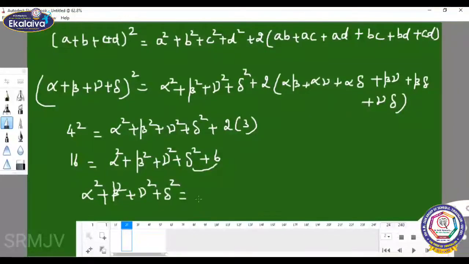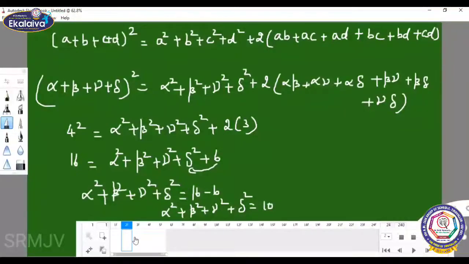You bring this term to the left hand side, 16 minus 6. Therefore, alpha square plus beta square plus gamma square plus delta square equal to 10.